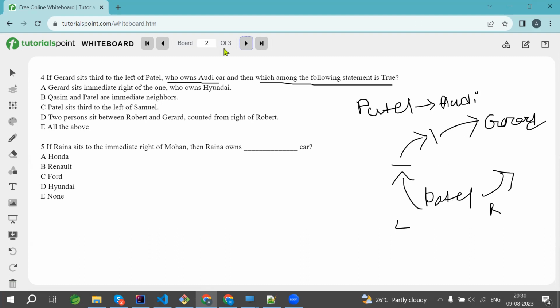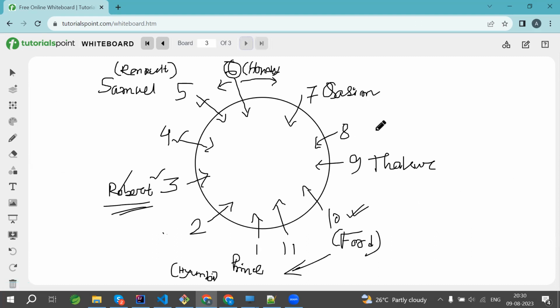Okay, Girard is in the left direction, third to the left, right? So there are positions 8, 11, and 4. One, two, three. No, this is blocked, so 4 cannot be there. So Patel, okay, and this 11 position will be Girard. Then that is the only possibility. Third to the left. Now this is okay, and we know that Patel owns the Audi.